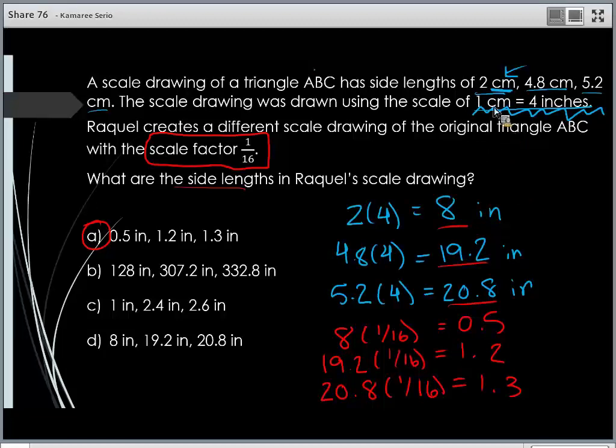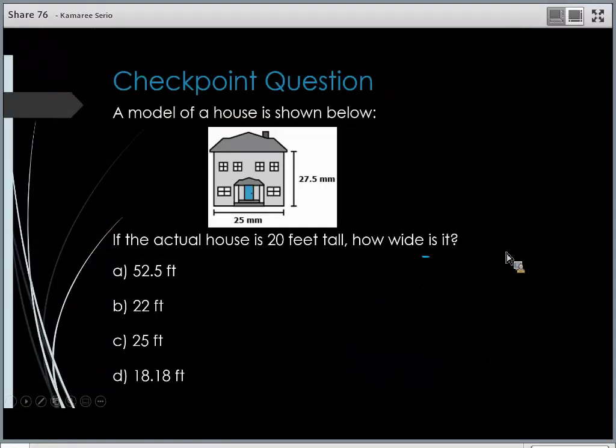And make sure that you're paying extra attention, because if they give you this information here, this 1 centimeter equals 4 inches, they probably want you to use it. And then I made the connection because these are given to me in centimeters, and all my answers are in inches, so I need to use this to convert from centimeters to inches. So it's just the small details like that you want to really pay attention to.